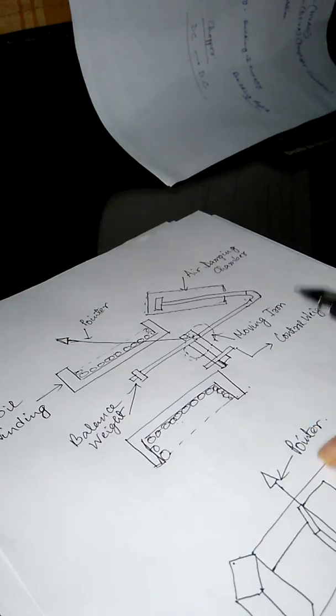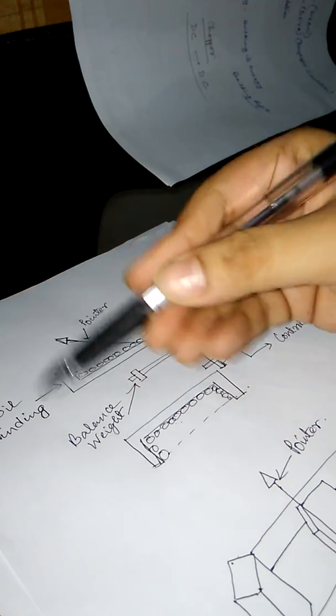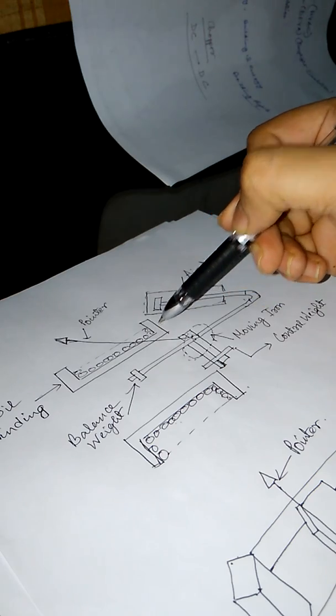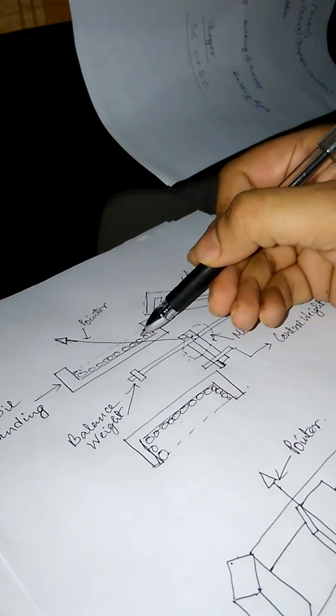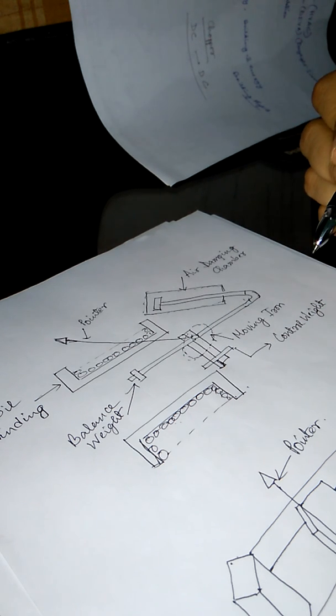That increment obviously brings a change in the system, because the current flows through the coil and makes it an electromagnet, and the electromagnetic coil, the solenoid, attracts the moving iron.